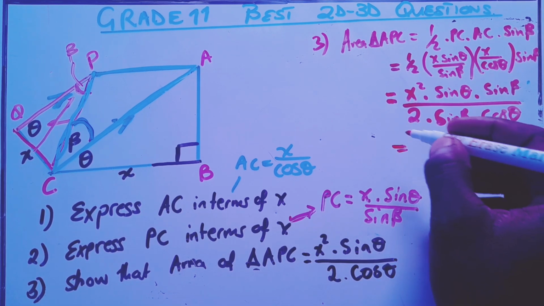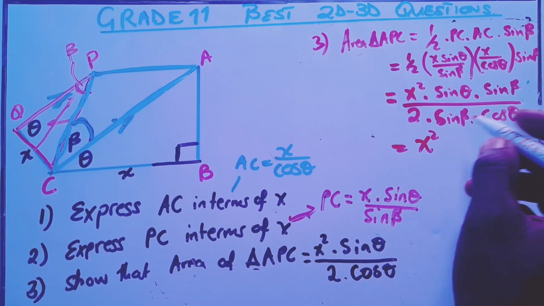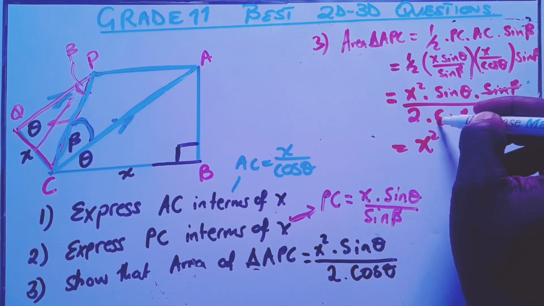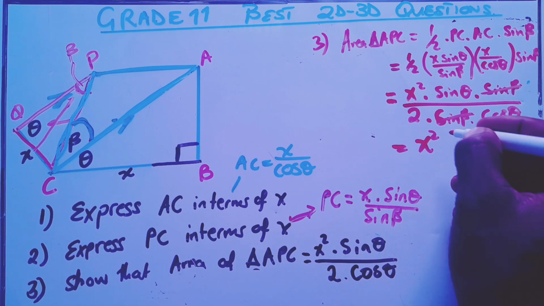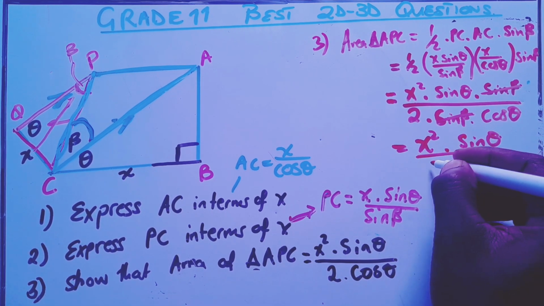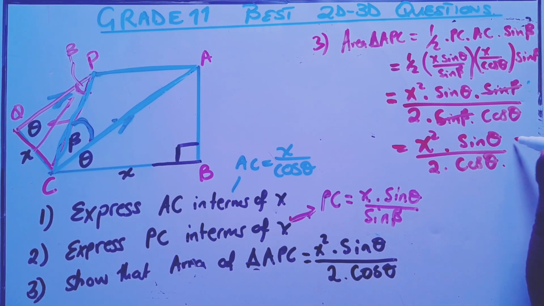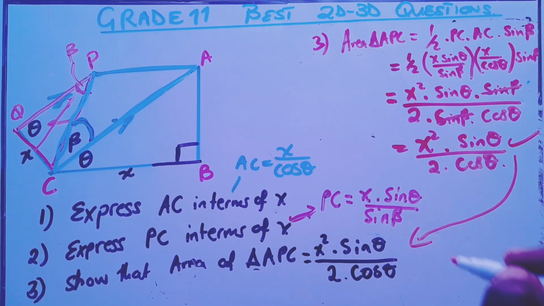So lastly, we can cancel out what can be cancelled. So this becomes x squared, so sine beta and sine beta there, we can cancel that. So this is x squared sine of theta divided by 2 cos of theta, and this is equals to that. So that's how we can do it.